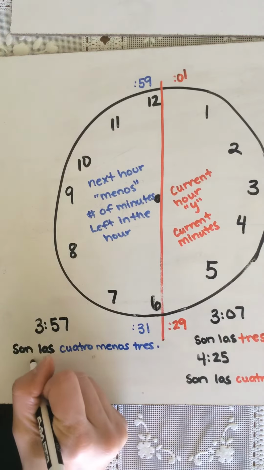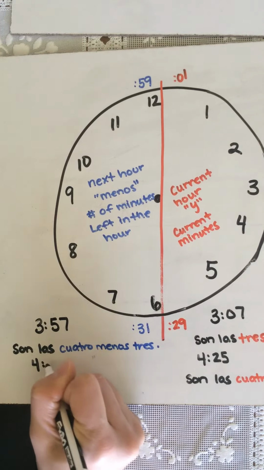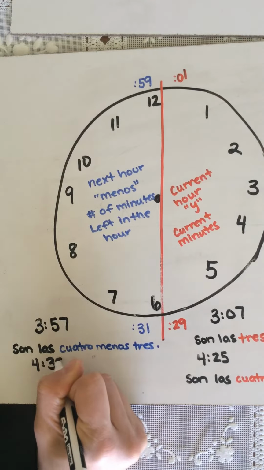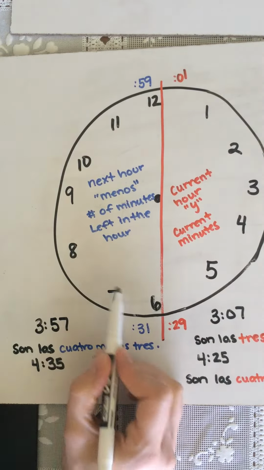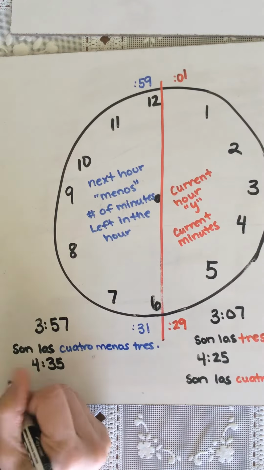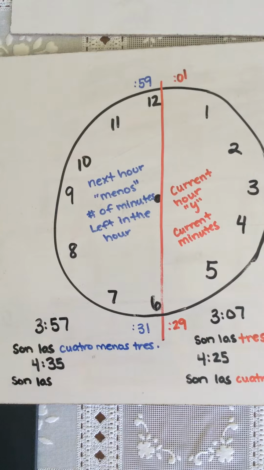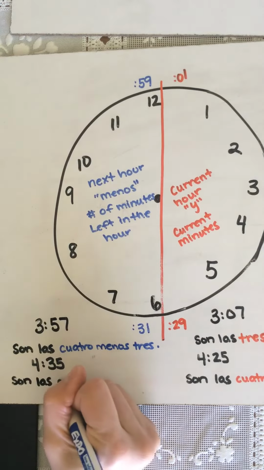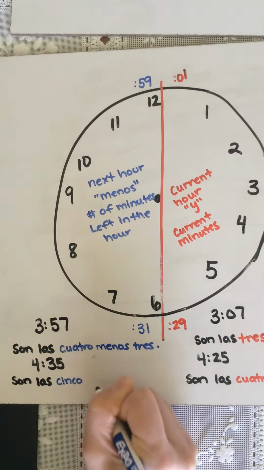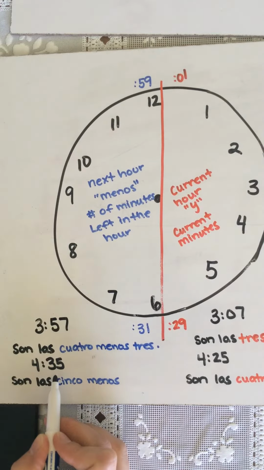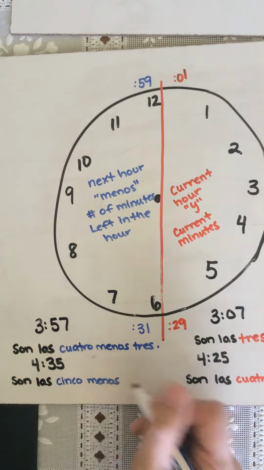If it were 4:35, so now we're right here, I would say son las, next hour, 5 menos, how many minutes are left in the hour? 25.